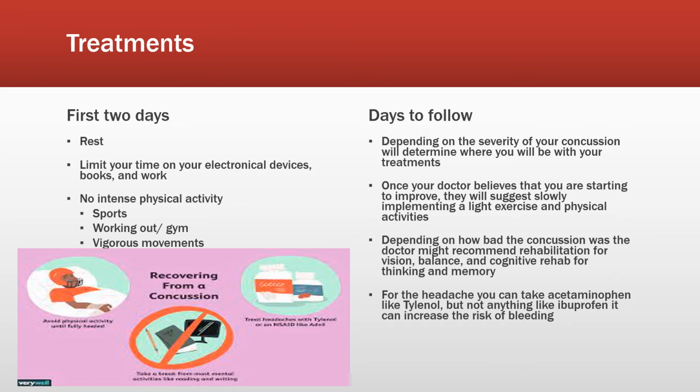This is in most cases athletes, because you can mostly see concussions in athletes before you see an adult coming in for a concussion. But you're going to want to be cleared by your doctor first so that they see that you have rested and you are improving.